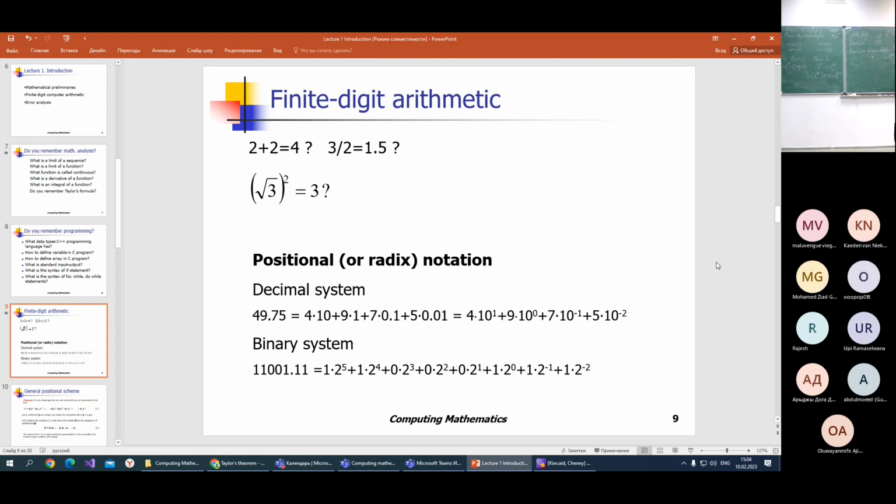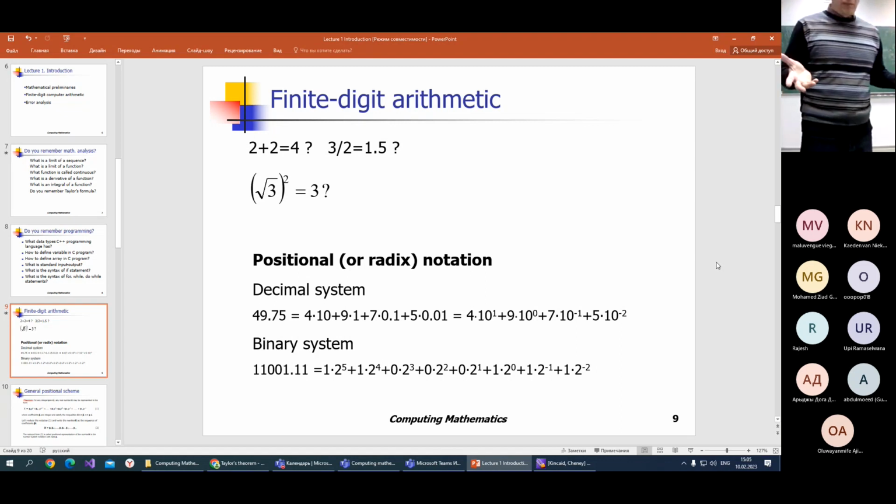Square root of 3 is not a rational number. Square root of 3 is a so-called algebraic number. And in mathematics, if I write it with pen and paper, square root of 3 raised in square gives us the result 3.